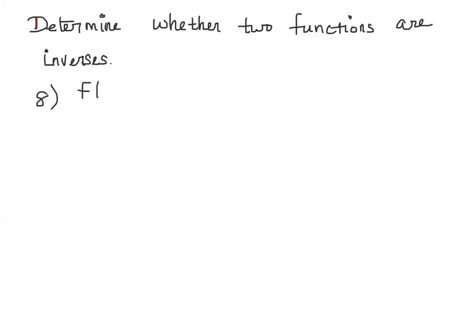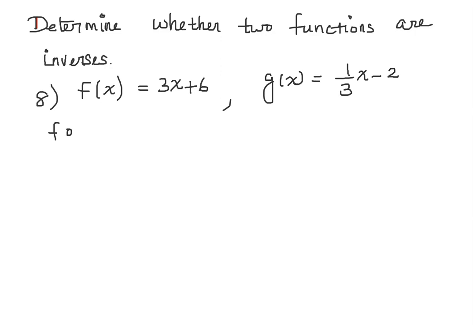So first example is we are given f of x = 3x + 6 and g of x is 1/3 x - 2. So all we need to do is check if the two conditions are true. The first condition is f composition g of x.